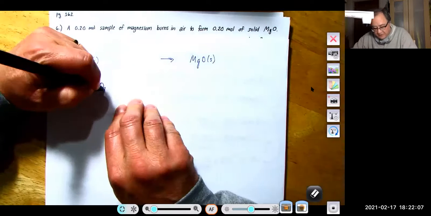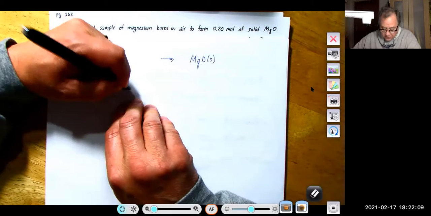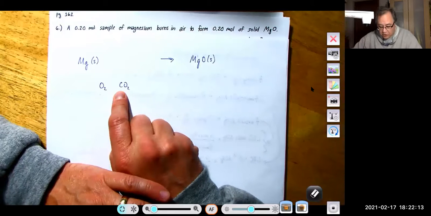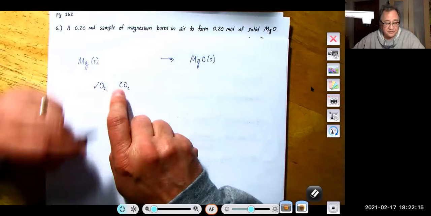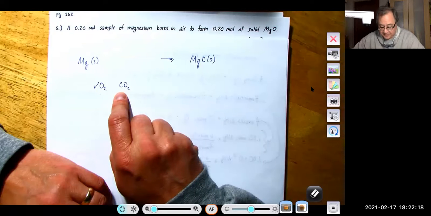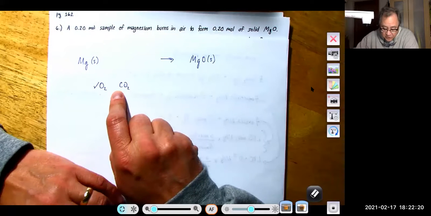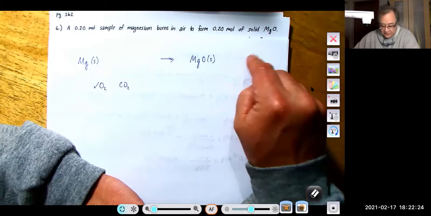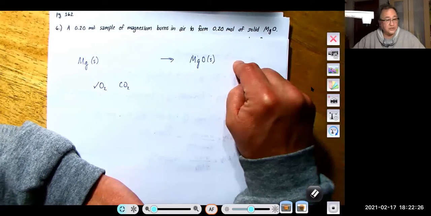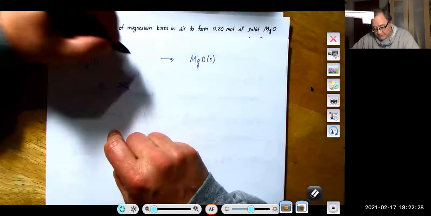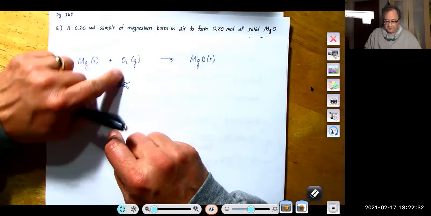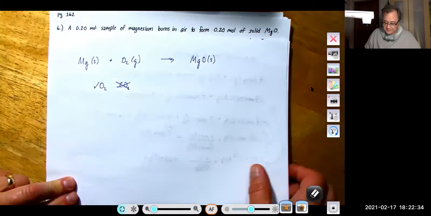These are fairly common things in air, O2 and CO2. Why would we choose O2 and not CO2? Because if you had CO2 here, you would expect to have carbon over here. So no CO2. So oxygen's a Honkelbrief. So we put O2.